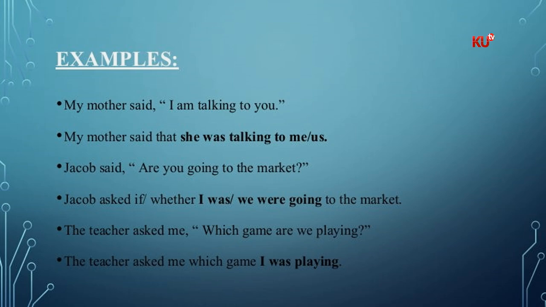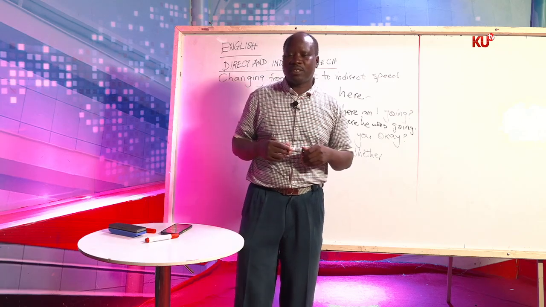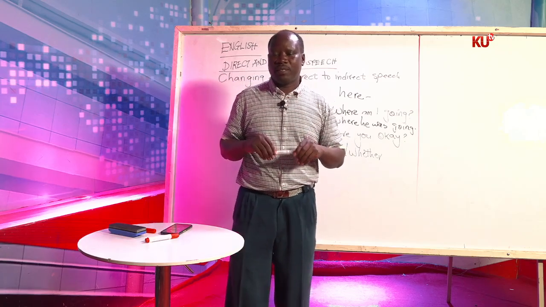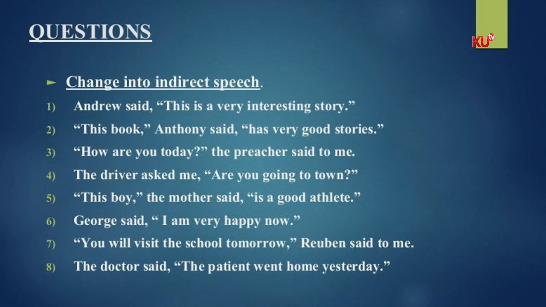So that brings us to the end of our presentation with those samples. On the next slide, we can look at those questions as I leave you with them. Let us look at the next slide with the questions where you are supposed to change from direct to indirect speech.